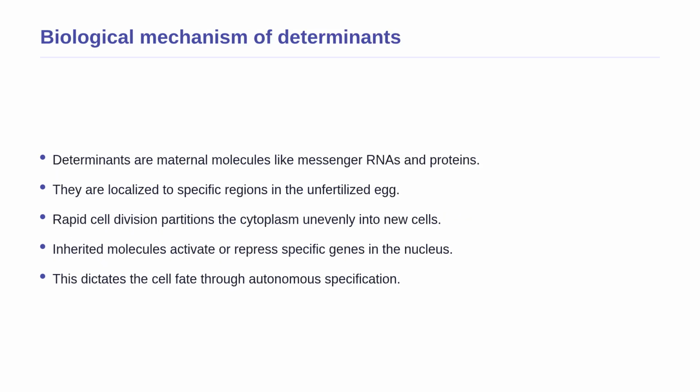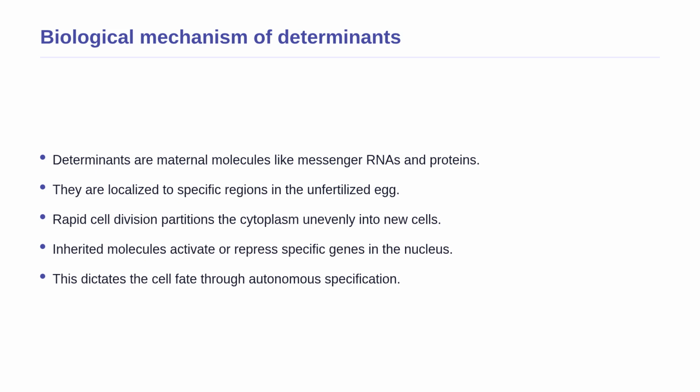Now that we understand the basic idea through our cake analogy, let us look at the formal biological mechanism. Cytoplasmic determinants are specialized maternal molecules, typically messenger RNAs and proteins, that are localized to specific regions within the cytoplasm of an unfertilized egg. When the fertilized egg, or zygote, undergoes rapid cell divisions known as cleavage, the cytoplasm is not mixed.